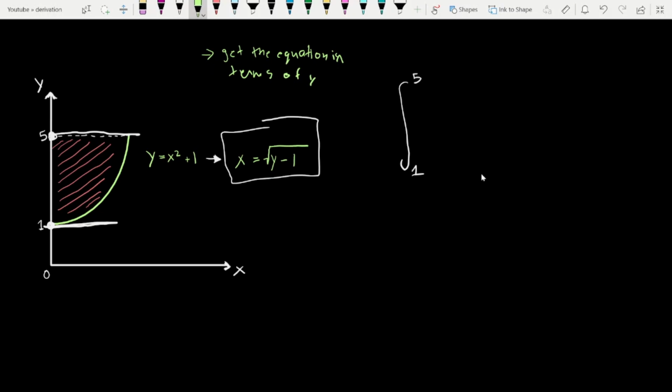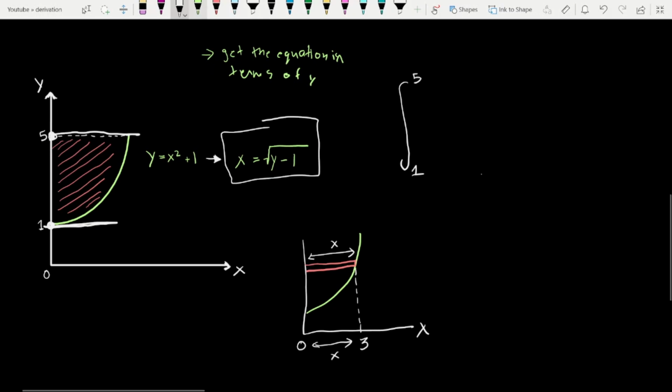Now if you look at this diagram closely, and we draw a rectangle right over here, you can see that the height of this rectangle is basically some x coordinate. Let's say this is the x-axis and this is the origin, so this is 0, and this height is, let's say, 3. So this 3 is basically the x coordinate.